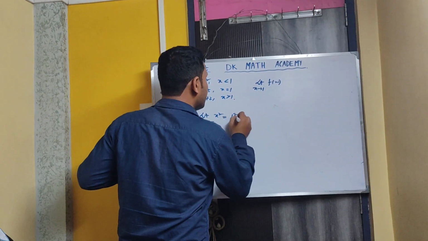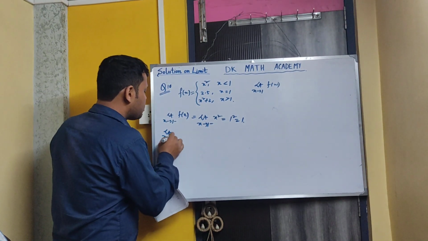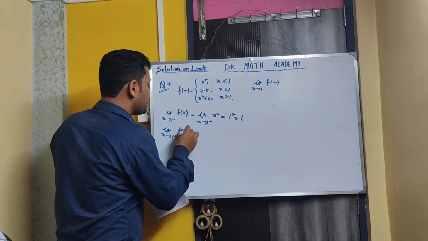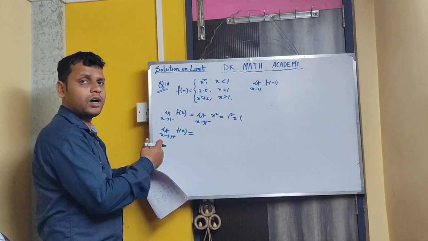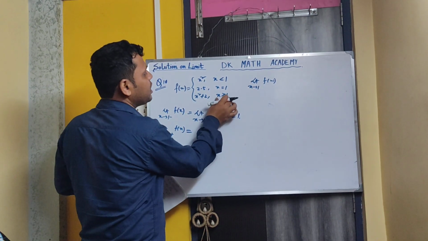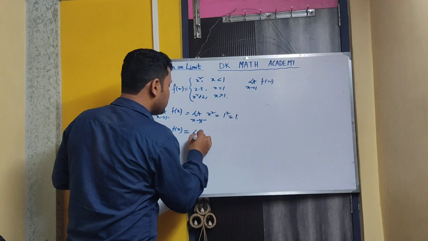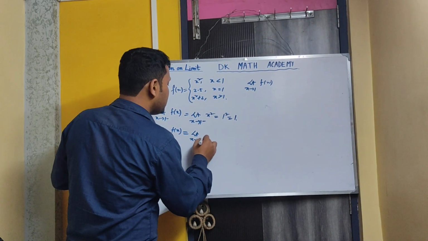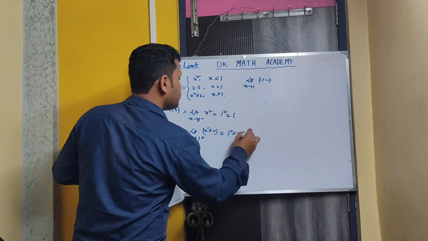So 1 square, this is 1. Limit x tends to 1 plus, this is the right sided limit. That means x goes to 1 from the right side of 1, so these x are greater than 1. When x is greater than 1, f(x) means x square plus 2. That means 1 square plus 2, this is 3.